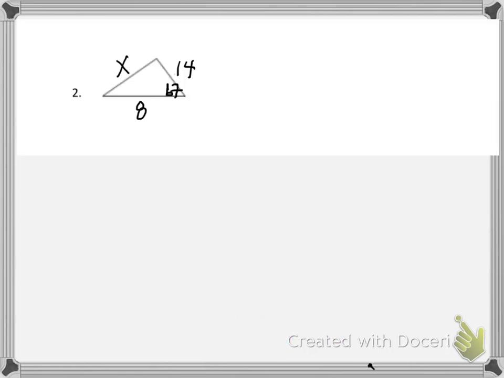Okay, let's do another one here. If I wanted to find that side x, the difference in how you know when to use the law of sines and law of cosines is that for cosines you're going to know one angle, and hopefully two sides.